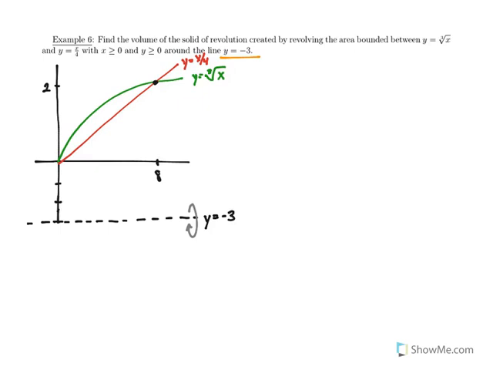And it's important to understand what this shape is going to look like. This time, to draw this shape, you're going to need to reflect these lines over that line y equals -3. That's our reflection line right there.